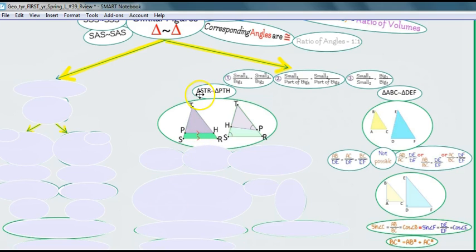You could see angles S and P are congruent, they are corresponding, and in the triangle on the left, I see angle S and P will be congruent because they are corresponding, formed by a parallel side and transversal TS.